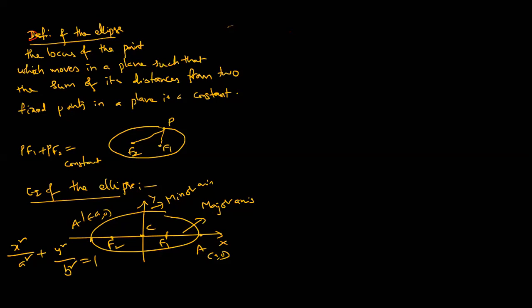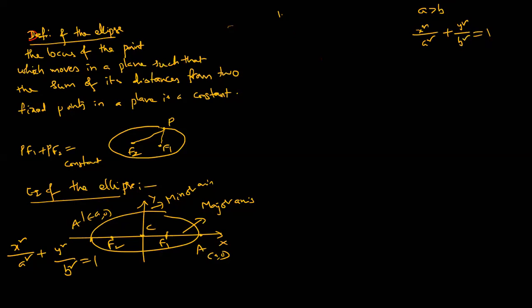Now let us see the various parameters related to the standard ellipse. In this case, we are taking a greater than b, dear students. The standard equation is x square by a square plus y square by b square is equal to 1.